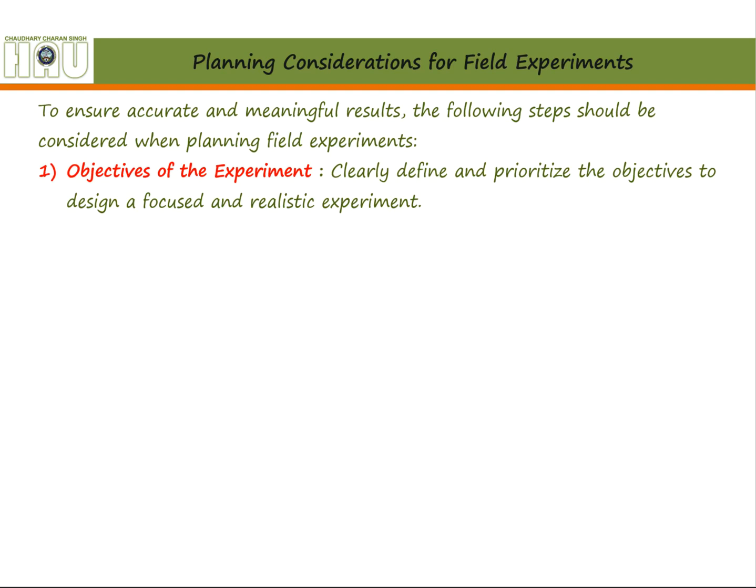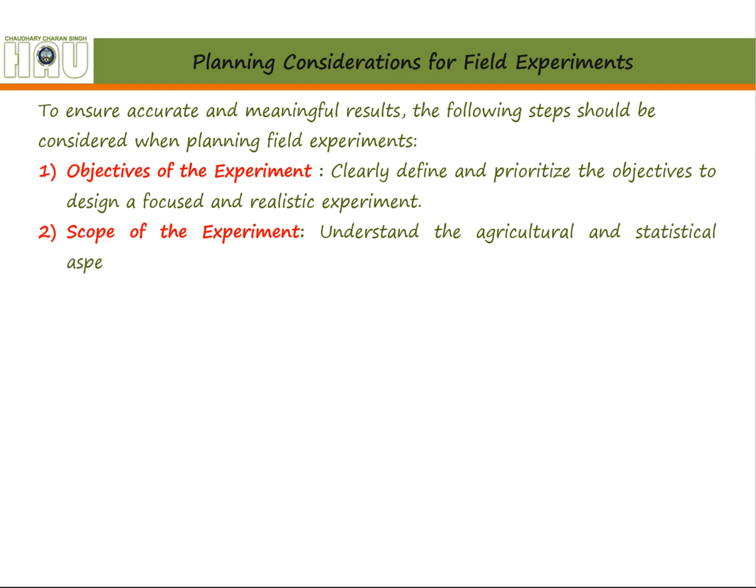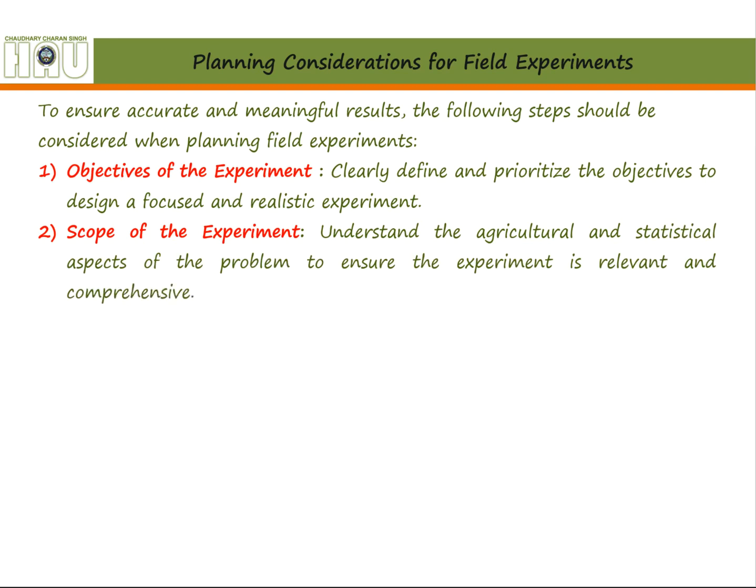and the design should be well focused and it should be realistic also. Number 2, the scope of the experiment. What does it mean? You should keep two things in mind: you should understand the agricultural and the statistical aspects of the problem in order to ensure the experiment is relevant and comprehensive.